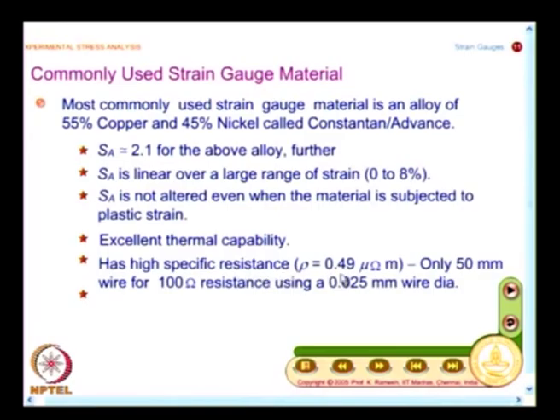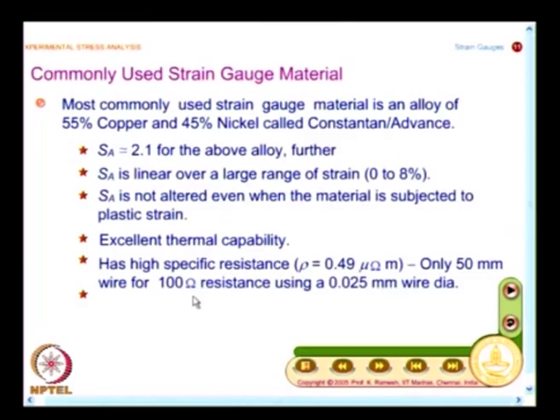Rho is given as 0.49 micro ohm meter, and resistance is given by rho L by A. So, you will also have to bring in the area of cross section, and this says that 50 millimeter wire is enough for getting a 100 ohm resistance because of its high specific resistance.